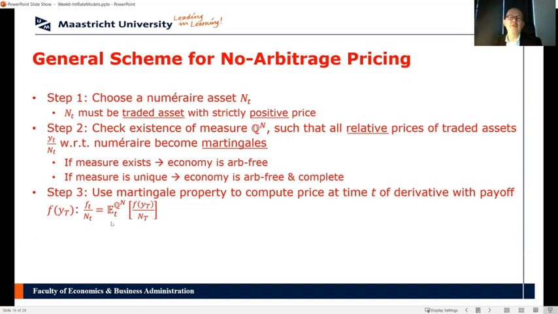We did this already for the Black-Scholes formula, but here for the interest rate derivatives, we can apply exactly this same theory, but it will be more sophisticated because we will use more fancy numeraires.